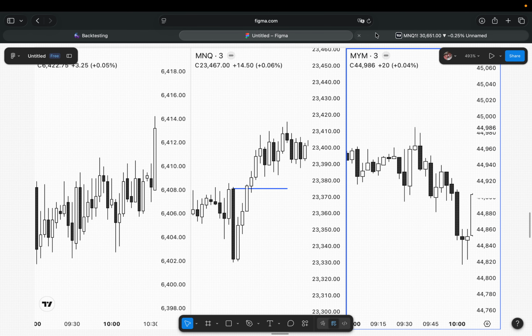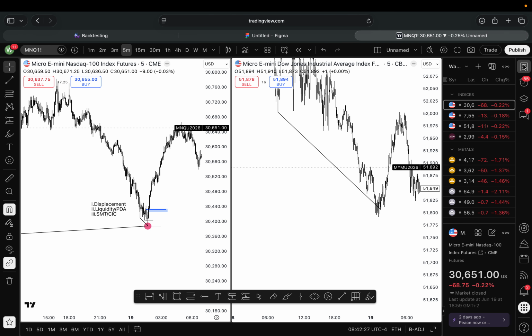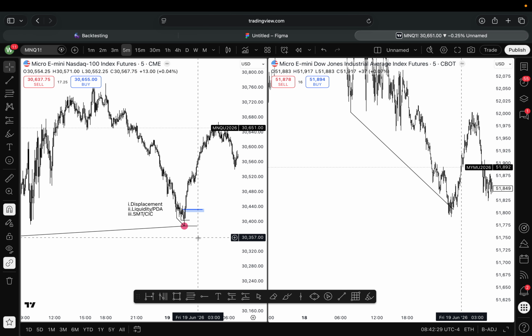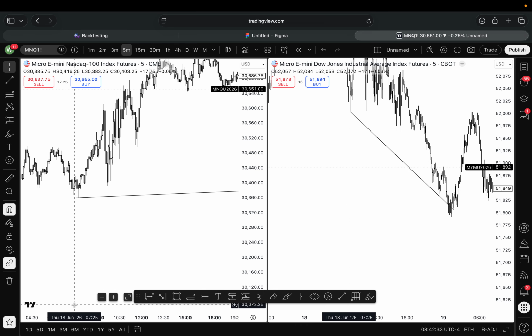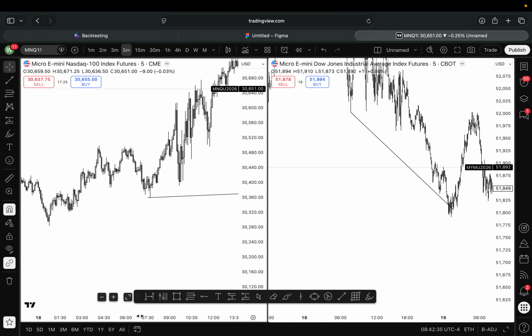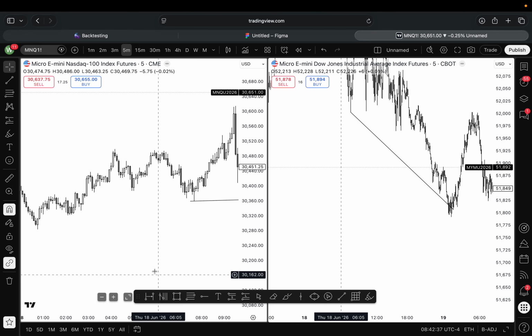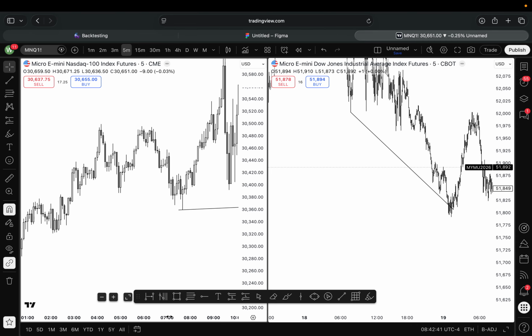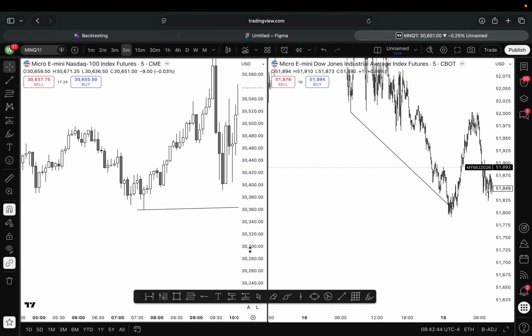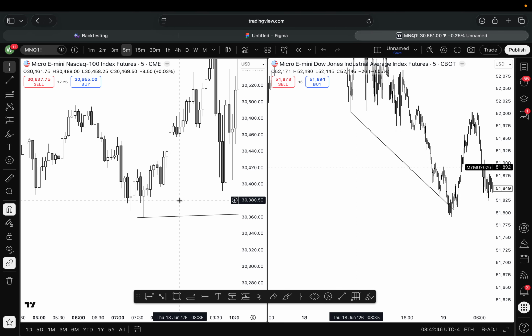Okay, so let's go back to the charts and let's see if we can find 1 or 2 more examples. So let's see here. Seems like a good one over here. Okay, I'm not too sure if it meets all the criteria. It's just the first one I saw.